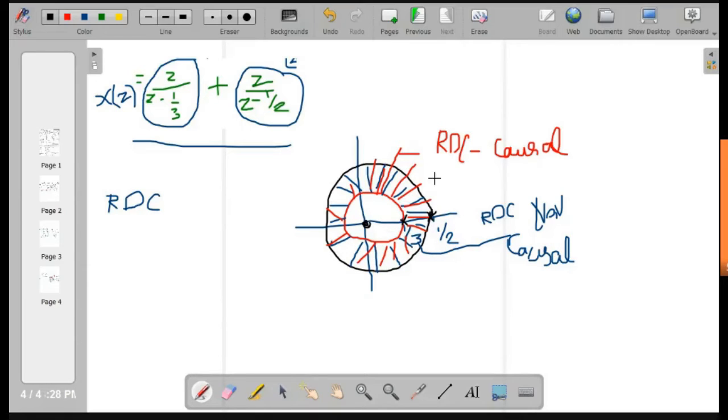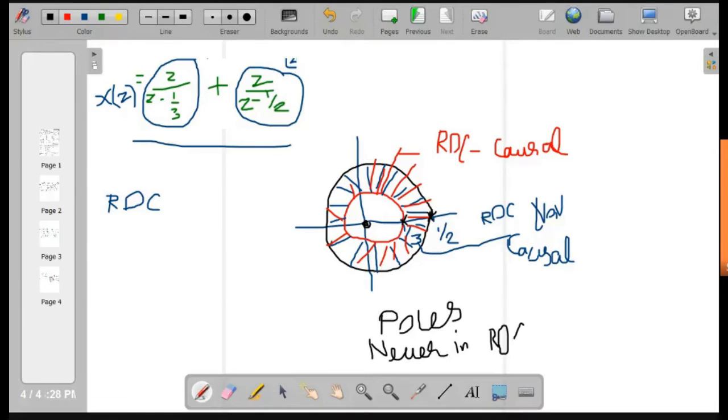Now just see that the poles are never in the ROC. This is a part of the property. Poles are never in the ROC.